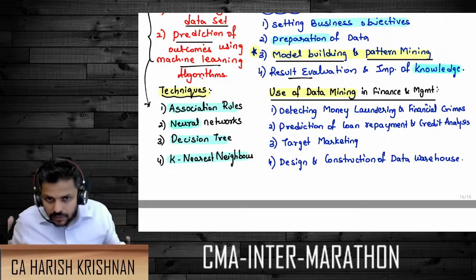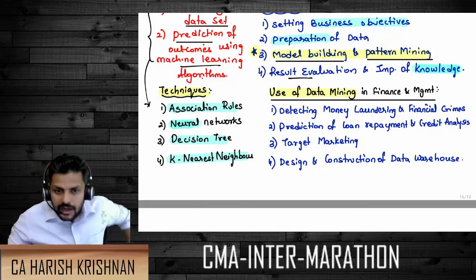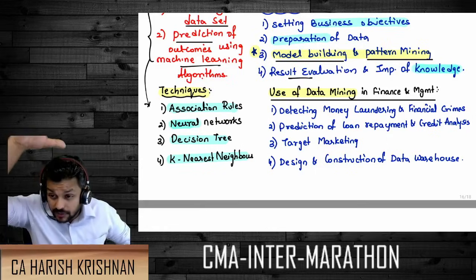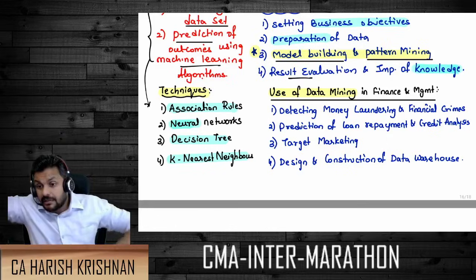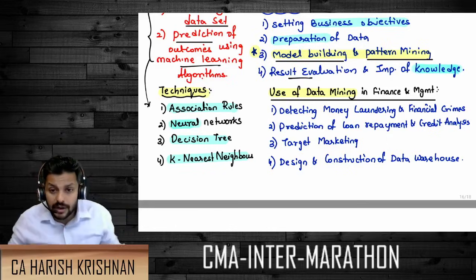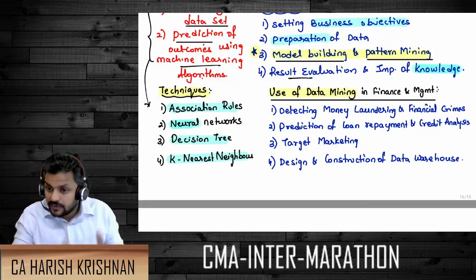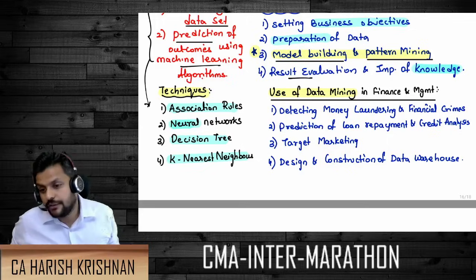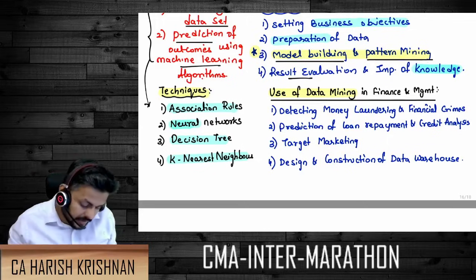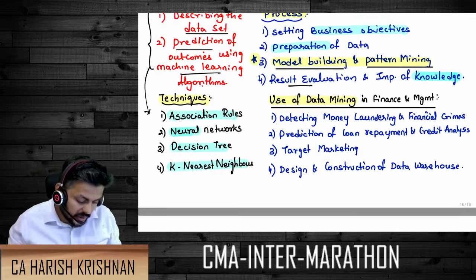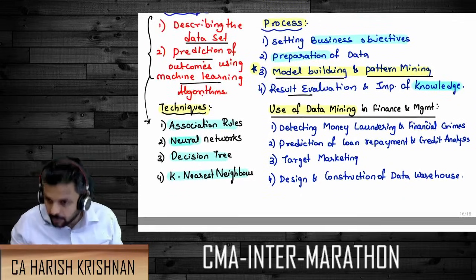The importance of knowledge has to be emphasized, because what we did till now is, what was once upon a time raw data, from there we extracted and brought it to data, then to information, and information to knowledge. Okay, so all of this is something that we need to take into consideration for doing data mining.